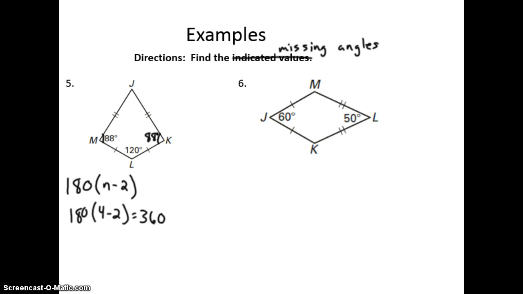And so to find, we'll call this x, I can do 360 is equal to 88 plus 88 plus 120 plus x. Or you can just subtract them all from 360. And when you do that, you get x is equal to 64 degrees.